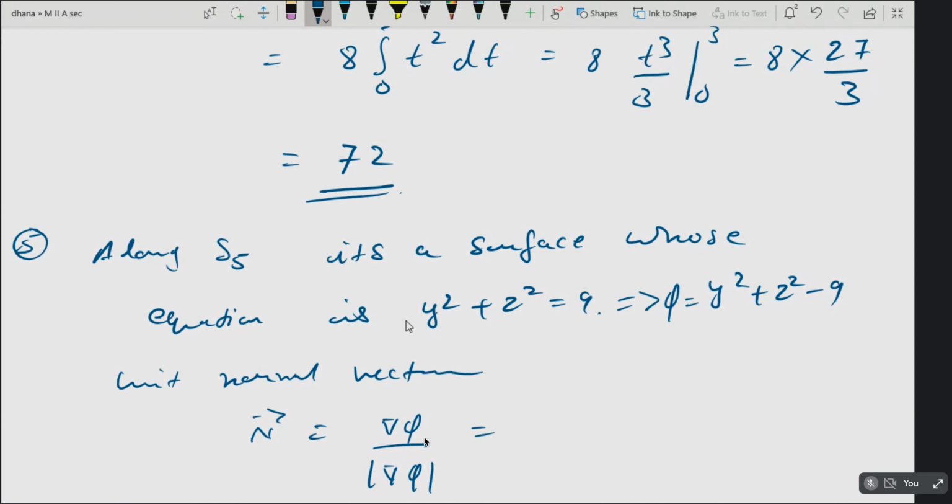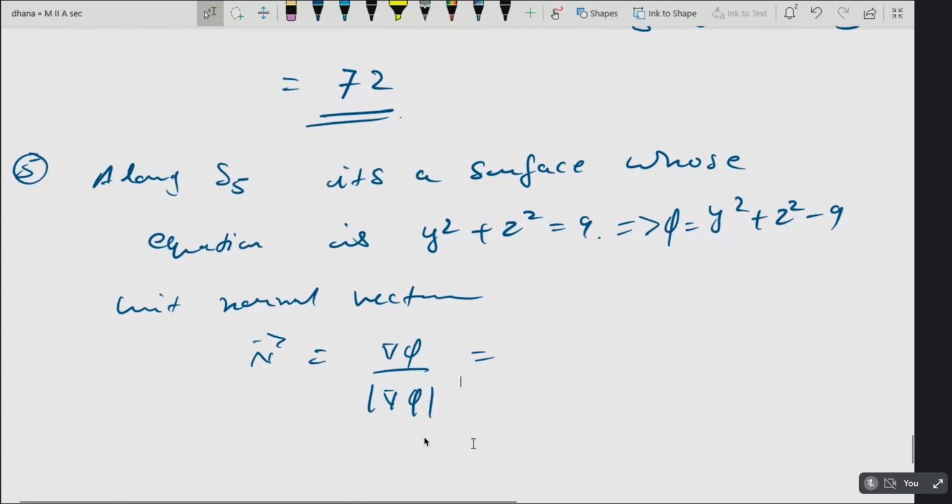You need to differentiate it. Del phi means what? What will you get when you apply del phi?